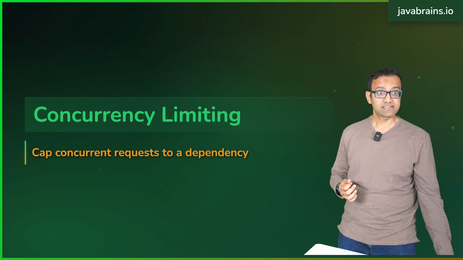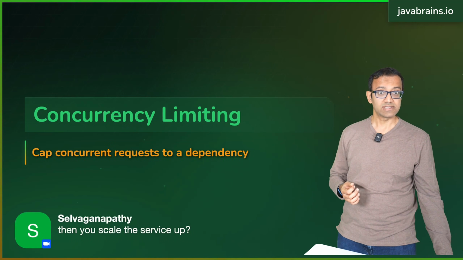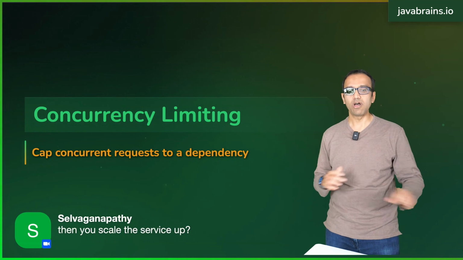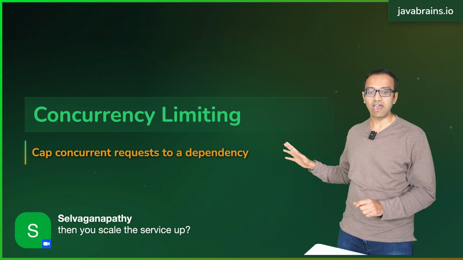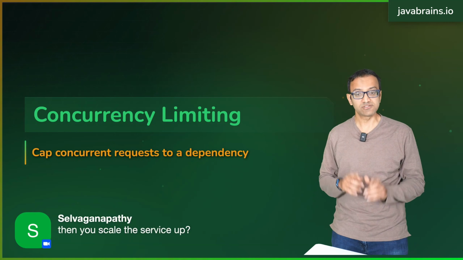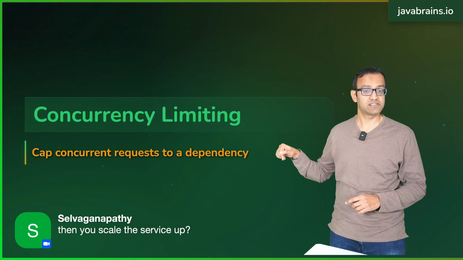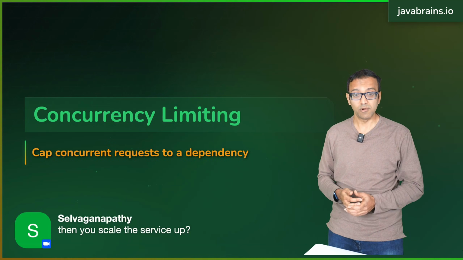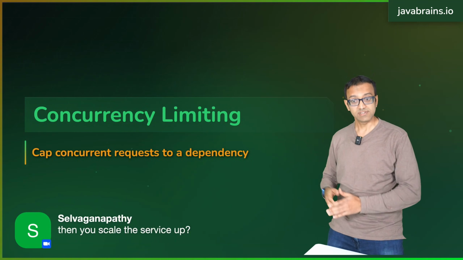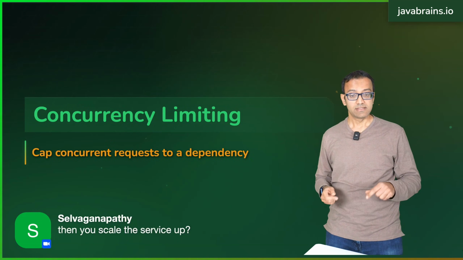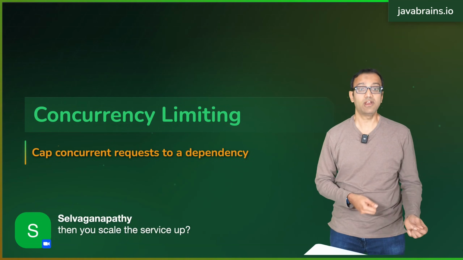There is an excellent question here. Then you can scale the service up. Yes, horizontal scaling is always an option. Whenever you have an issue like this, one thing you can do is horizontal scaling. So for example, that recommendation engine that was struggling, you realize, okay, maybe it needs more nodes, more instances. You scale it horizontally, the problem goes away. Very valid solution. But there are some issues where you cannot scale horizontally.